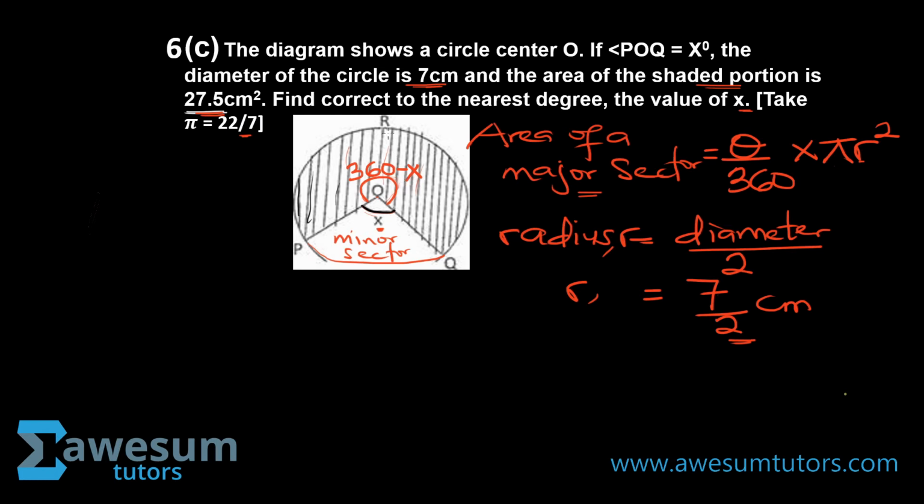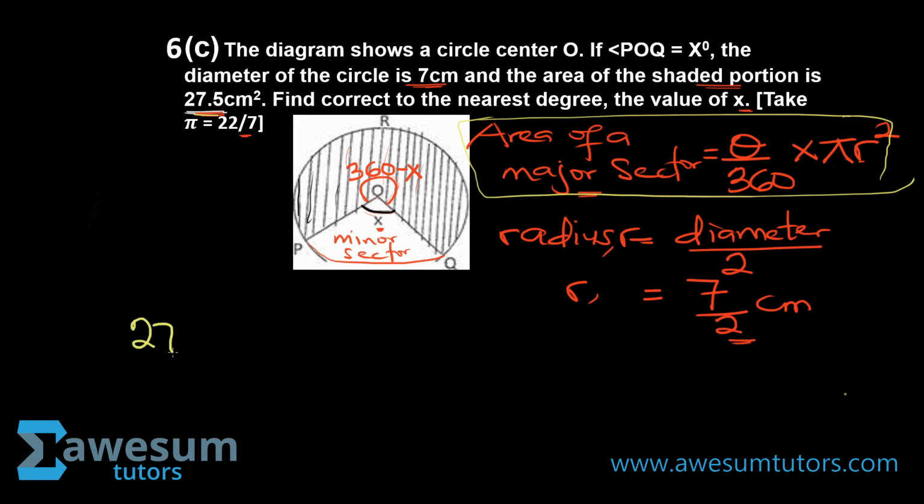Okay, now let us come back to this formula. So what do we have right now? What is the area of the major sector you have been given? 27.5. So I'll have 27.5 equals to, what is the angle?